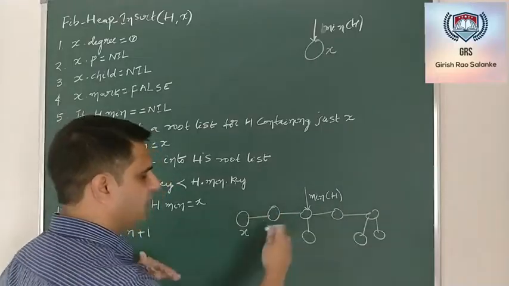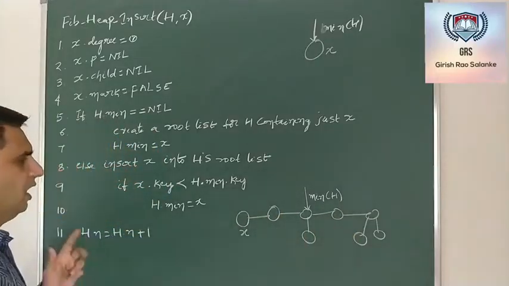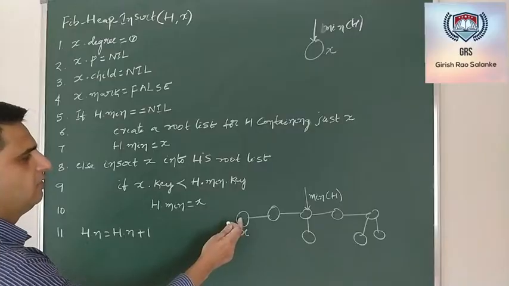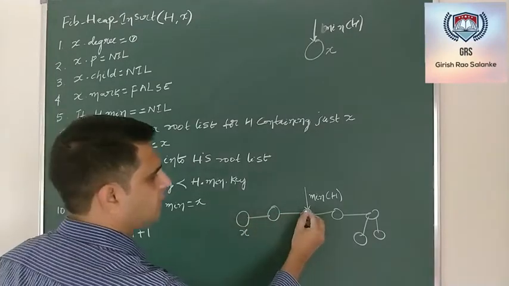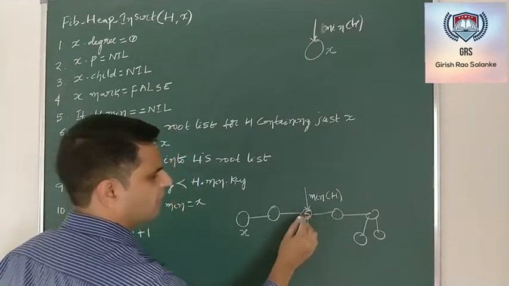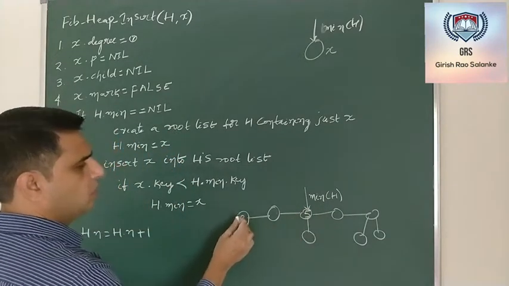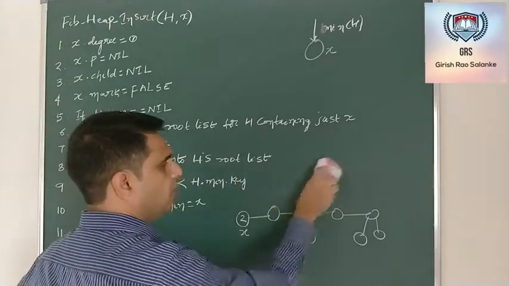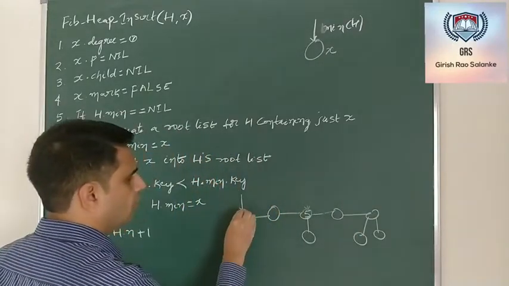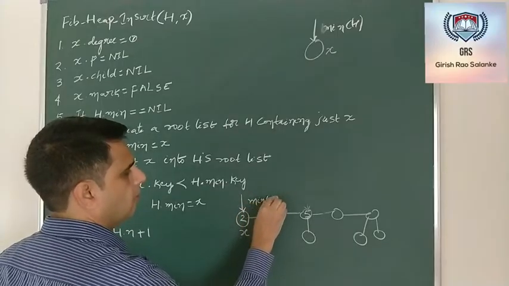I have inserted x onto the root list. Now I will compare x dot key. If this is less than the key stored in min of h, say for example, if this was 5 and this is 2, which is less than 5, then I will update min of h to be this node. H dot min is x.